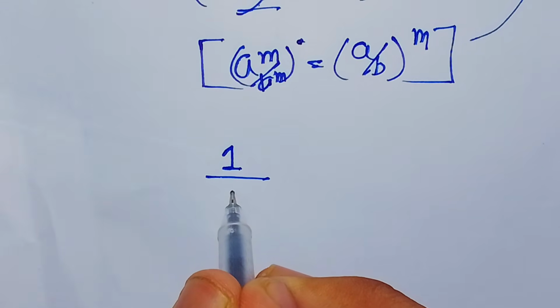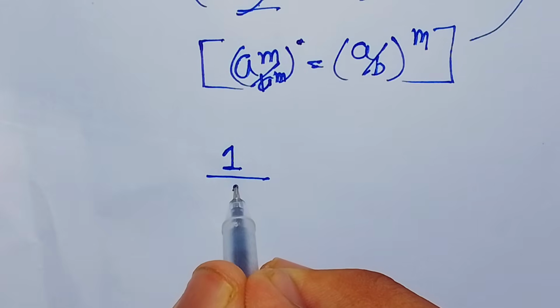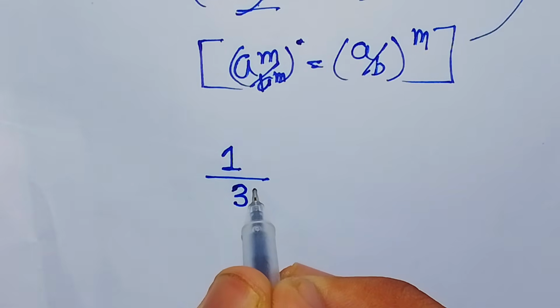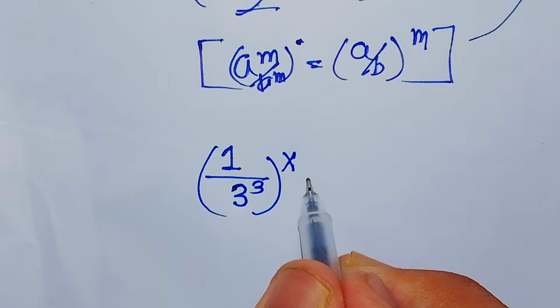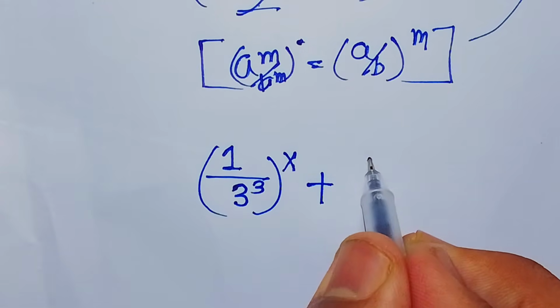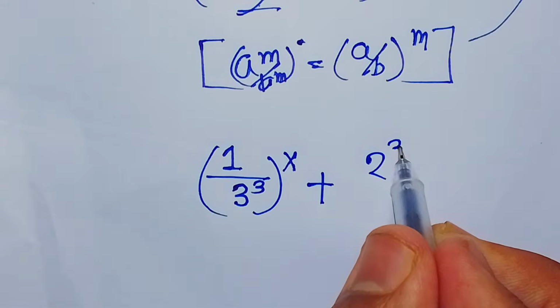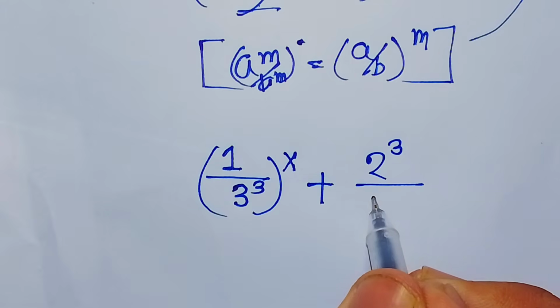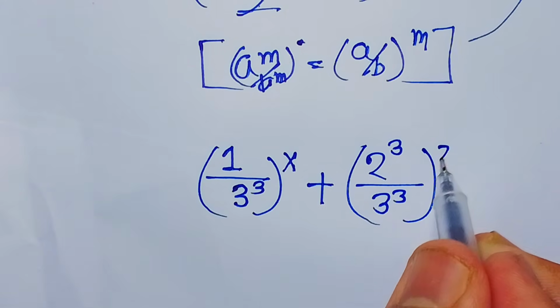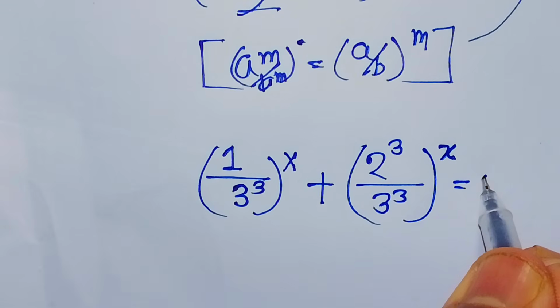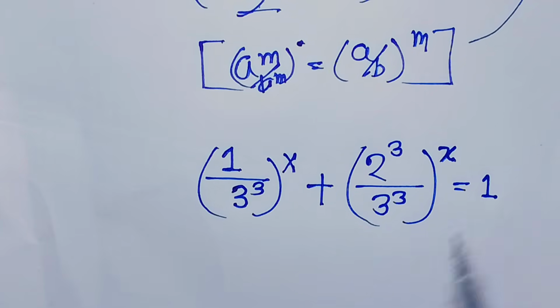So after that we can write 1 divided by 27 as (1 by 3 to the power cube) to the power x plus (2 to the power cube divided by 3 to the power cube) to the power x is equal to 1.